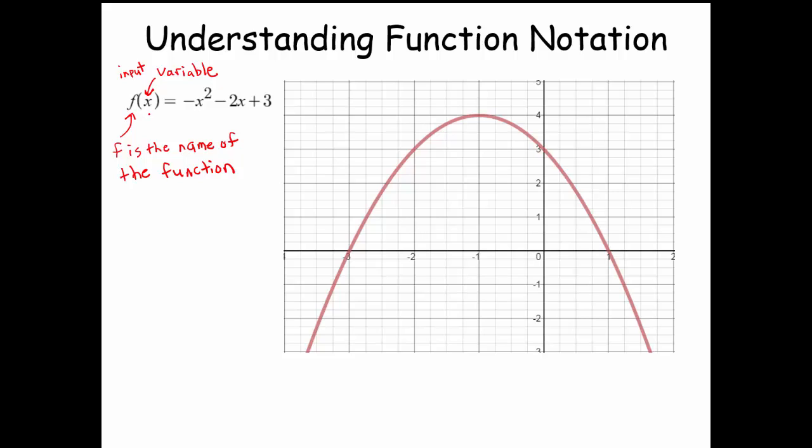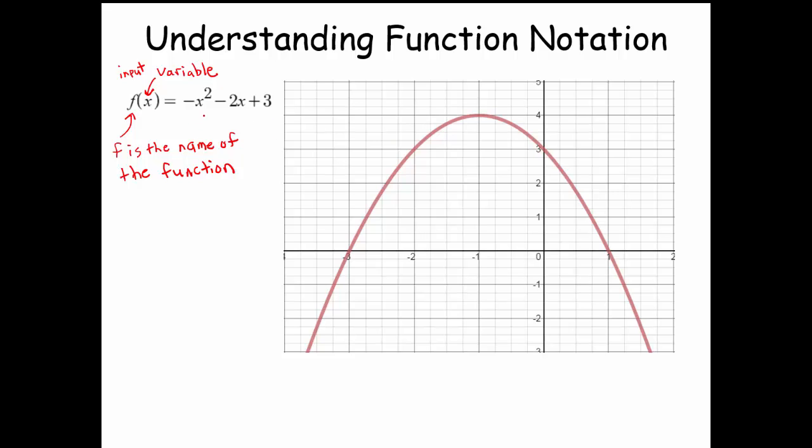The way that this is going to work is that we can choose numbers for our input value, x. And then the function is going to return an output value. The number that the function returns depends on the rule, on what the function does.